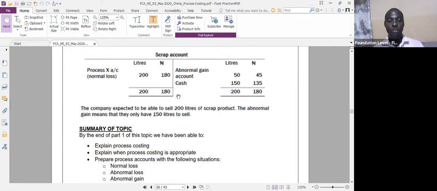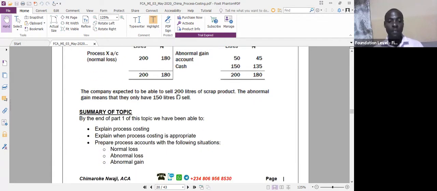So far so good. We've learned what a process account is. We've seen normal loss, we've seen abnormal loss, we've seen abnormal gain, all having a bearing in our process costing account.